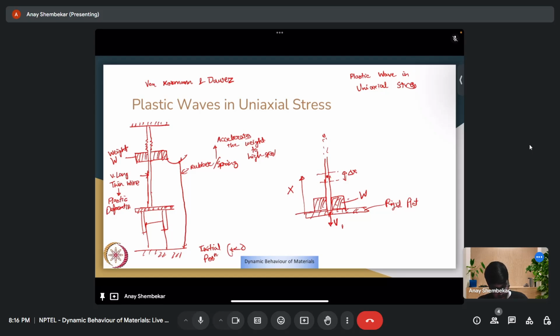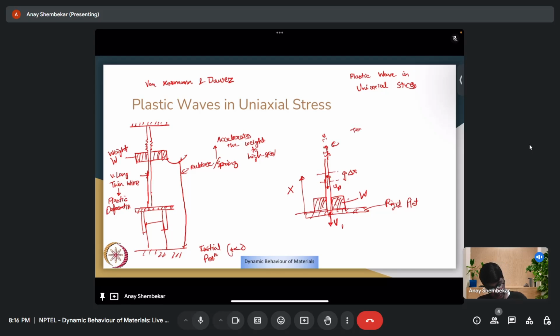Inside this thin rod, the particle will be moving downward with a velocity, say particle velocity UP, but you essentially have a stress wave which is going up, with say some velocity c.